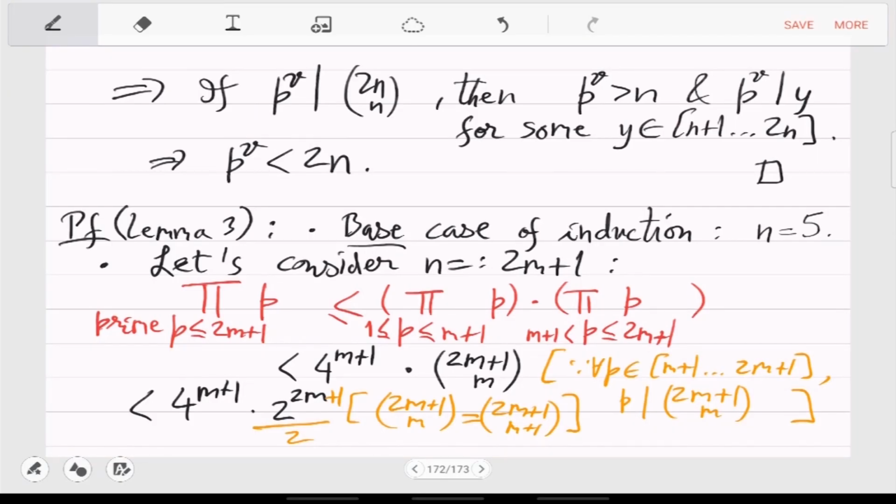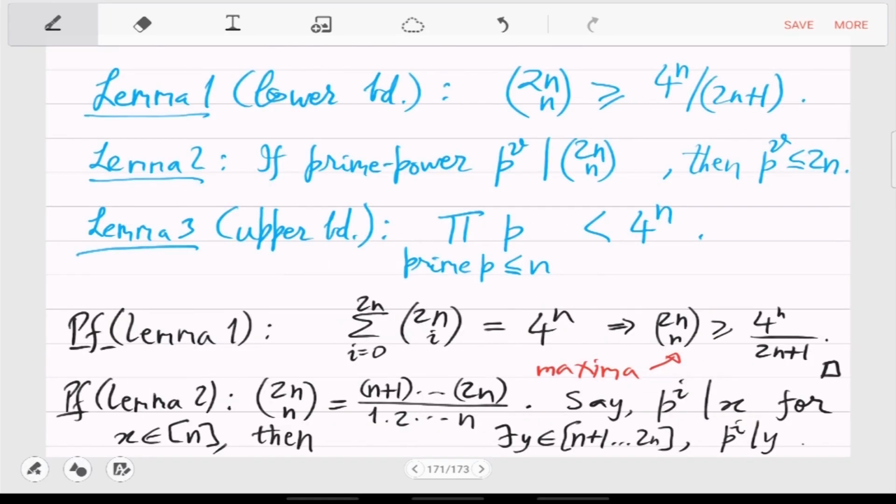Basically, you have to show that these prime powers p raised to v are coming only from the bigger numbers, the upper half, not from the lower half. Well, on the spot, I cannot. You want all the details, right?